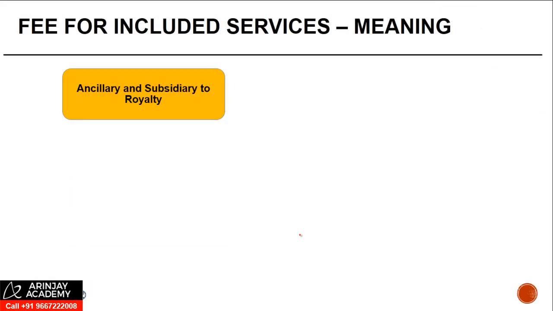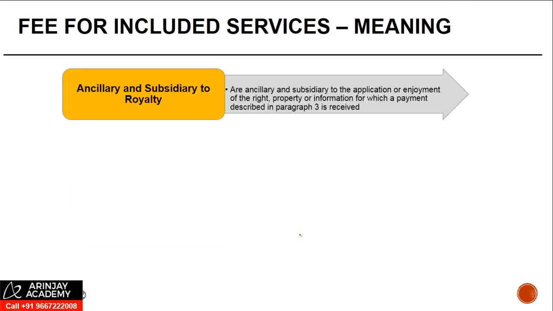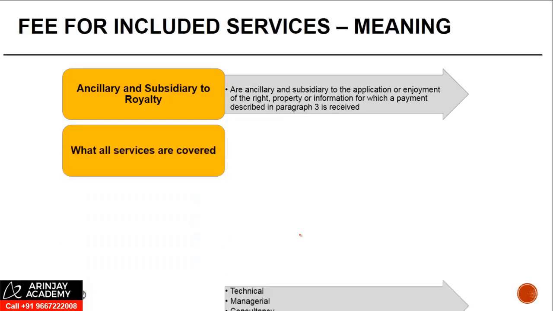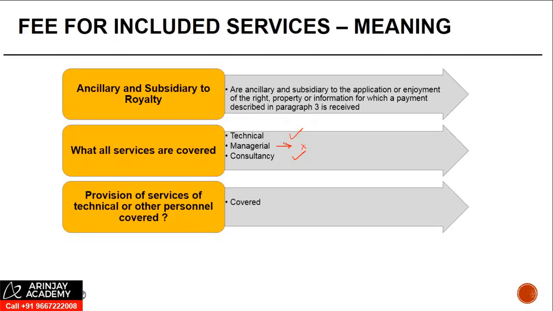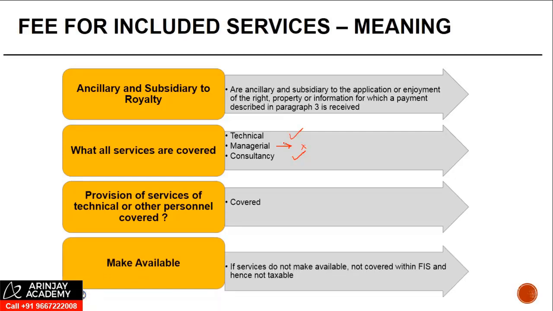So meaning of FIS: services which are ancillary and subsidiary to royalty, right? Which services are covered? Technical, managerial, consultancy. In India-US, managerial is not covered. These two are covered. But when are these services covered? These are covered when they make available.